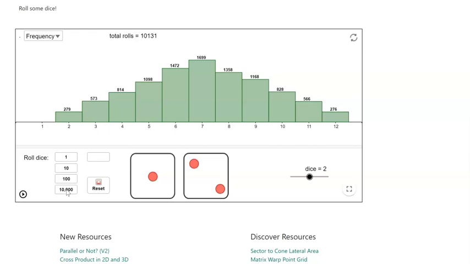And if I add another 10,000, you can see it evens itself out even more. Look how close 2 and 12 are, 560, 552. As a fraction over 20,000, they're almost the same if you change them to a decimal figure. So anyway, I thought you might find that interesting.